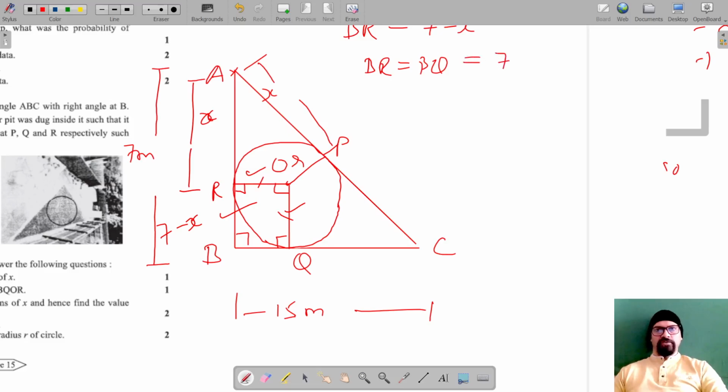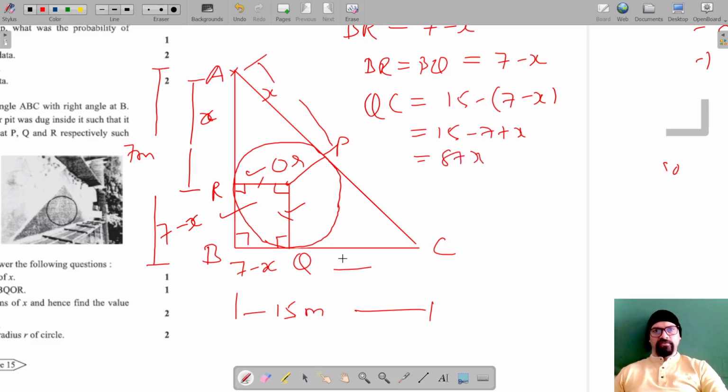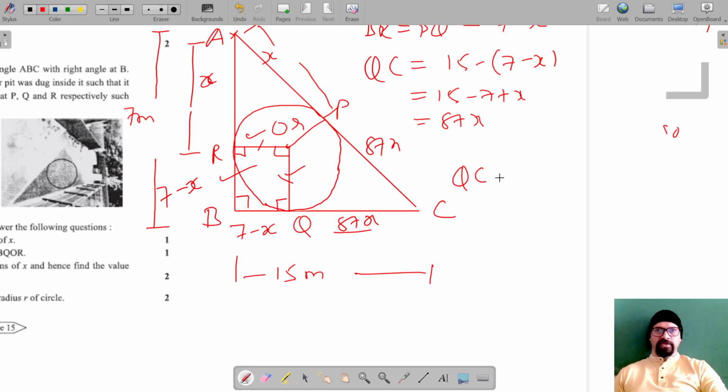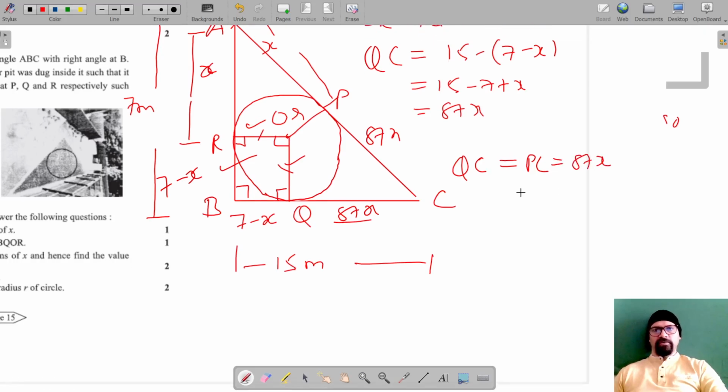So BQ is also 7 minus X. Now QC is equal to 15 minus (7 minus X), which is 15 minus 7 plus X, equal to 8 plus X. So QC is 8 plus X, and PC is also 8 plus X, because these are the tangents drawn from an external point to a circle. So QC is equal to PC is equal to 8 plus X.